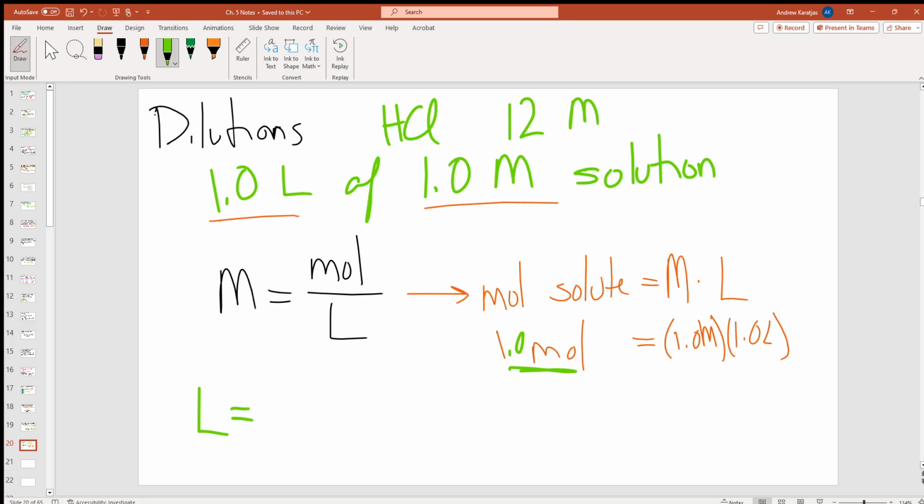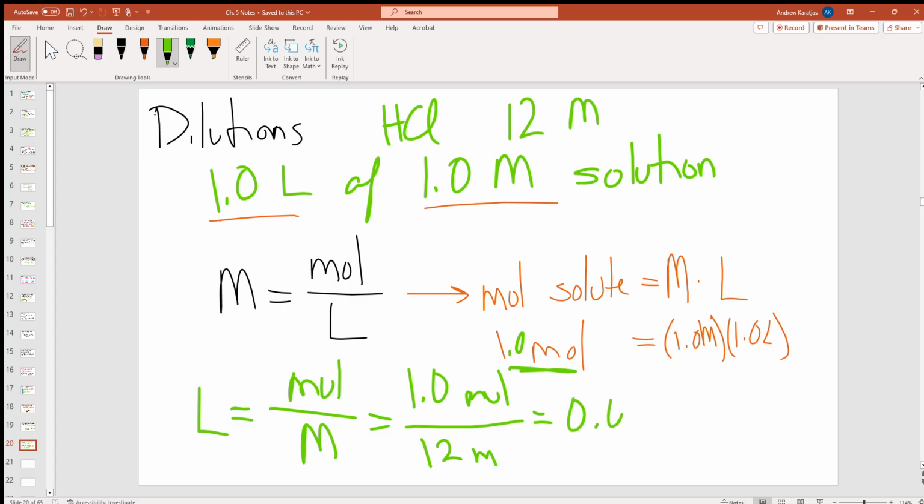So liters equals moles over molarity. So the number of moles we need, 1.0 moles, over the molarity, 12 molar, equals 0.083 liters.